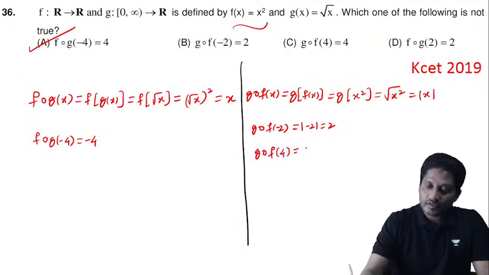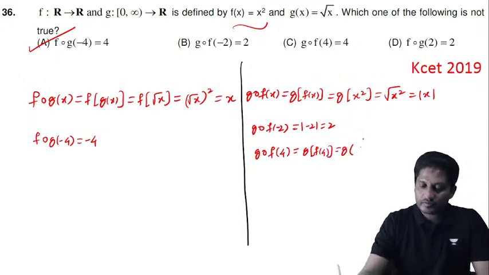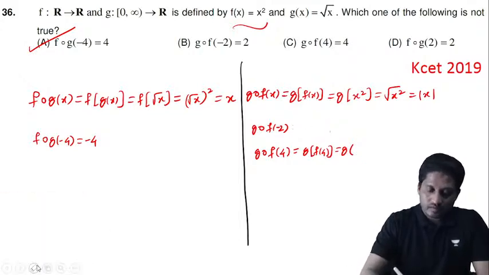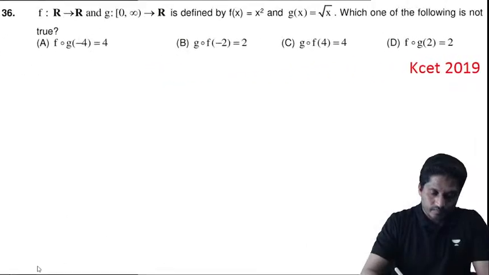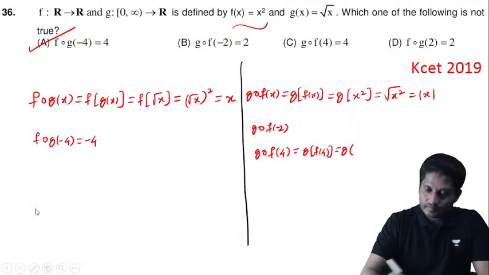Again, third option, G circle f of 4. G circle f of 4 is equal to G of f of 4. Okay, so if I substitute here, G circle f of minus 2 is equal to G of f of minus 2, or directly I can substitute, right?